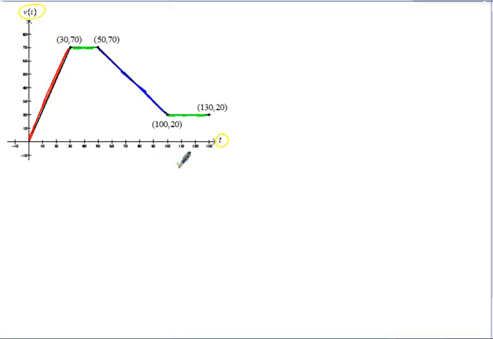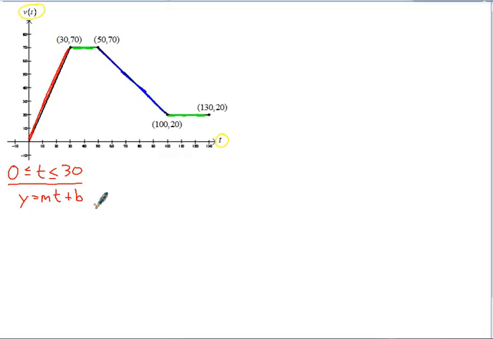All right, let's look at the first piece here. The x value starts out as 0, except it's not an x value, it's a t value. So notice it'd be 0 is less than or equal to t, which is less than or equal to, it stops at a t value of 30. And again, normally it's y equals mx plus b, but here it would be mt plus b.